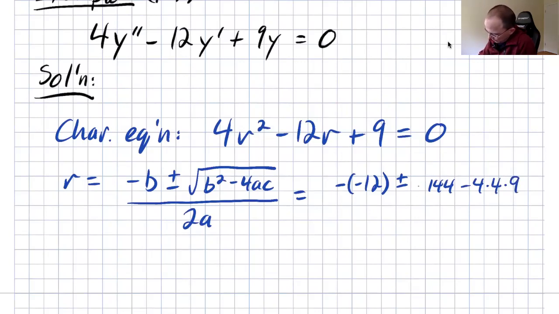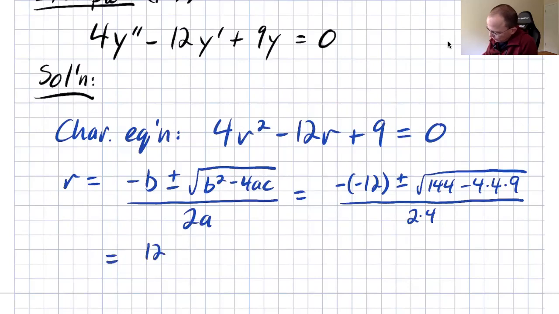Okay, so there's our square root term, and then divided by 2a, so 2 times 4. And what do we get? We get 12 plus or minus, and now 4 times 4 times 9, that is 144. So we get plus or minus the square root of 0, and then this is divided by 8.